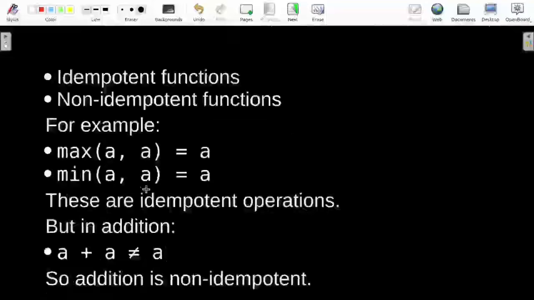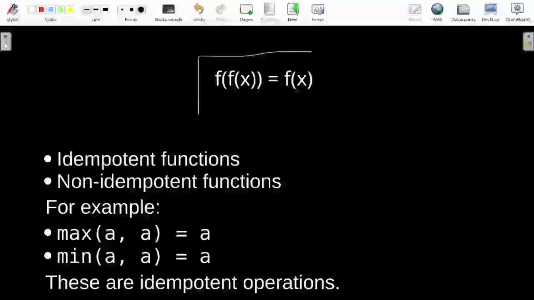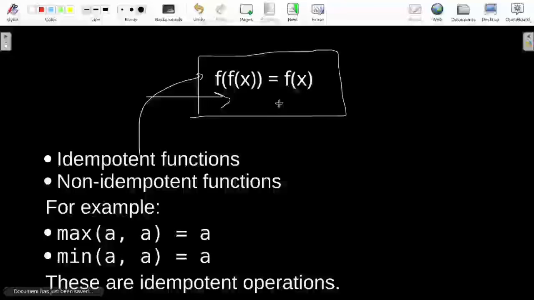Now, what are idempotent and non-idempotent functions? On the internet, you will see this equation about idempotent functions, that f of f of x equals f of x. If you don't want to get anything from this, it simply means that the value of your function won't change if you keep putting the same input in that.